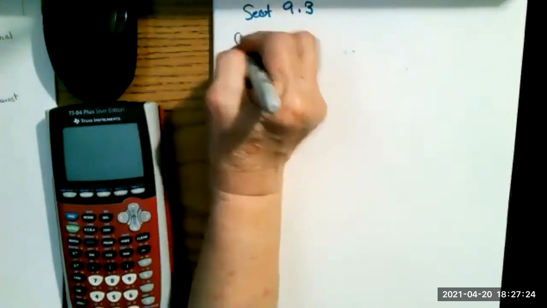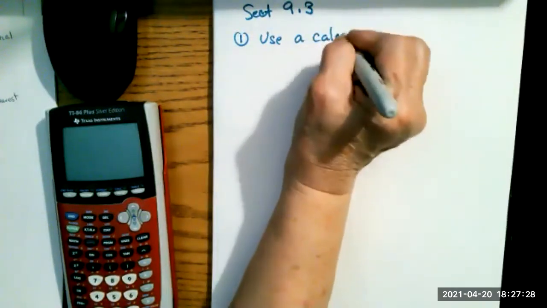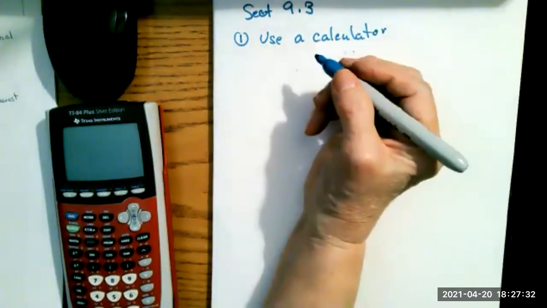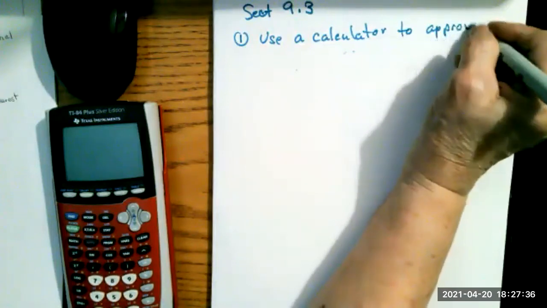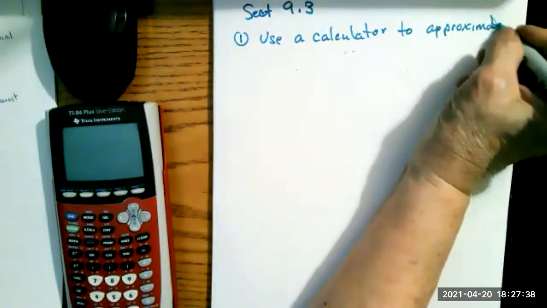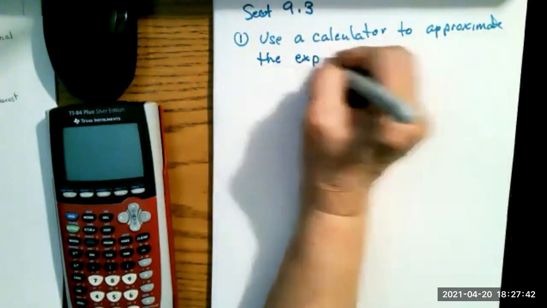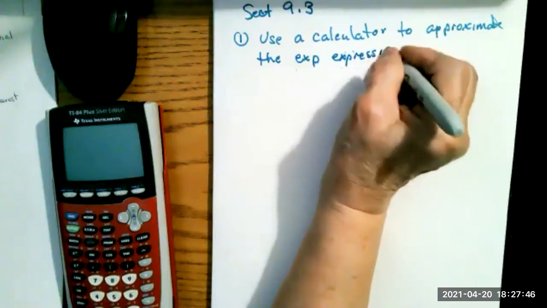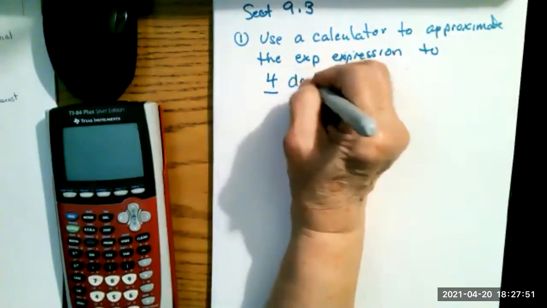And number 1, it says use a calculator to approximate the exponential expression to 4 decimal places.